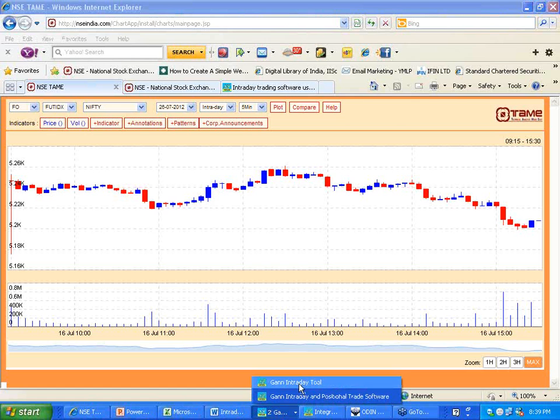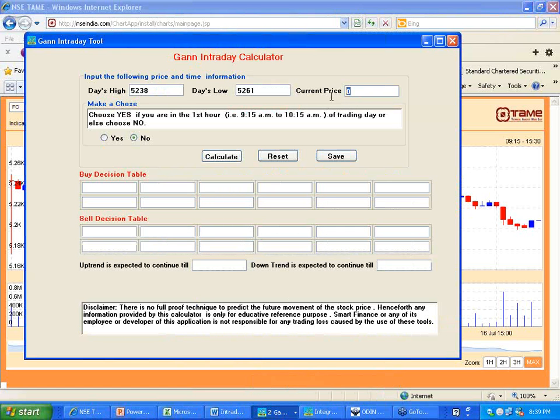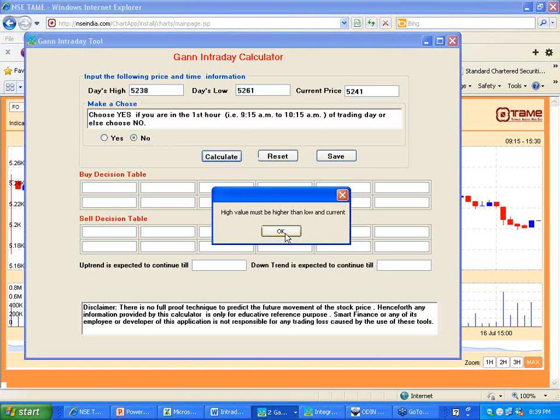If you take our Gann intraday tool, 5241 is the level, and it asks whether this data is the first 1 hour's data. No, this is not the first 1 hour data. We are at 1 o'clock, so this is the price point. So calculate the level.